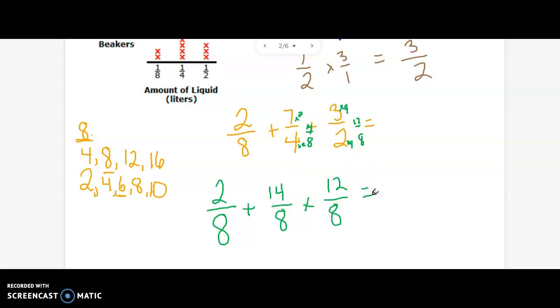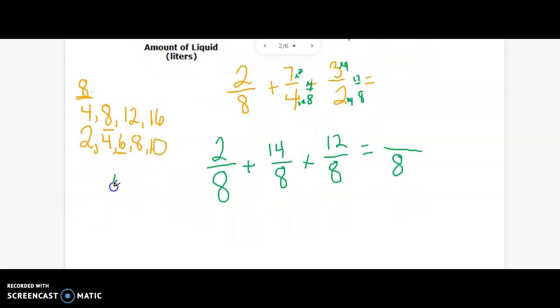Okay, so now I've worked so hard to get 8 as my common denominator, I'm going to keep it. And then I'm going to add 2, 14, and 12. And if you can't do it in your head, write it out. 12, 2, okay, so 4, 8, 28.